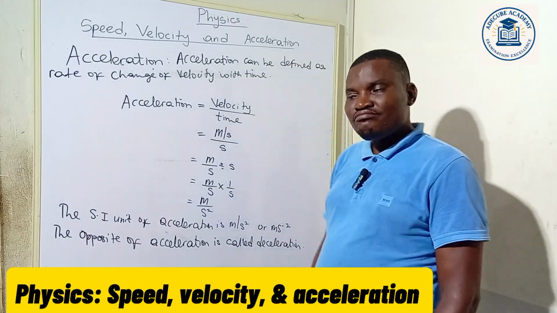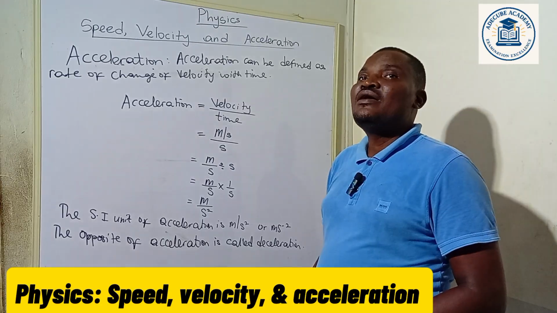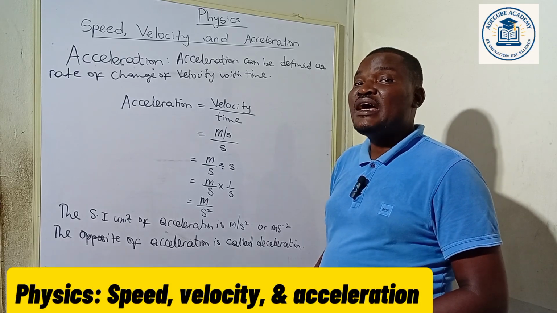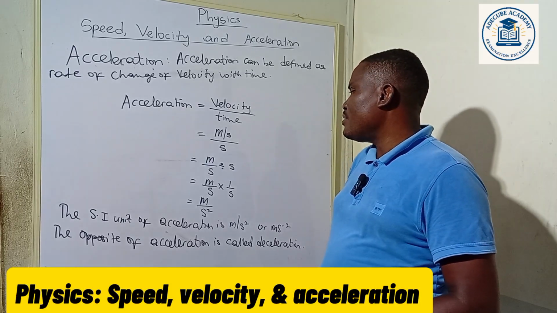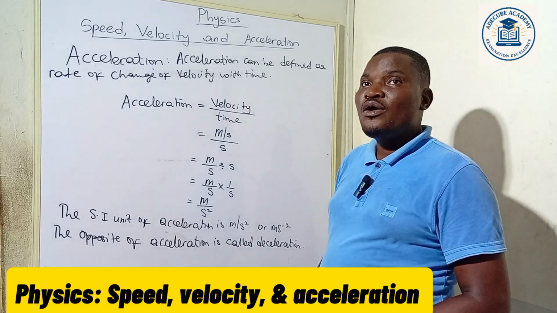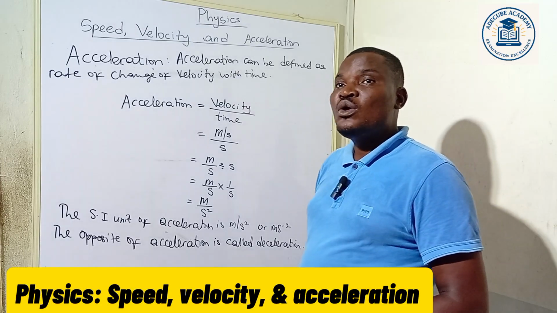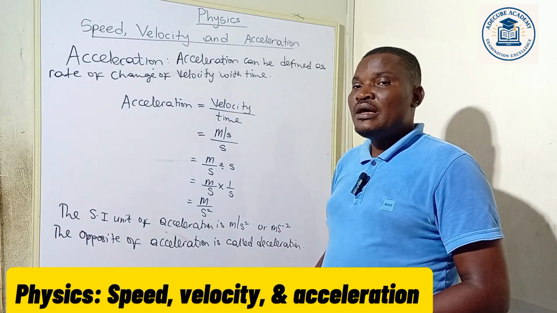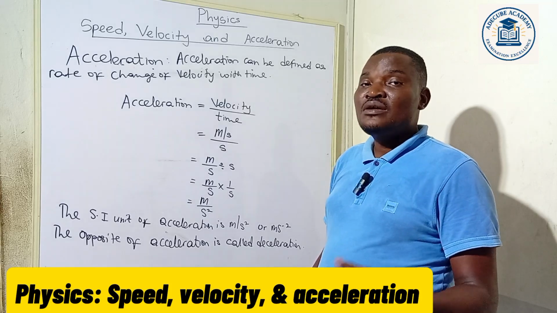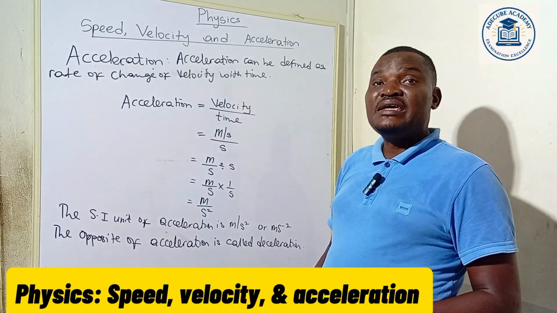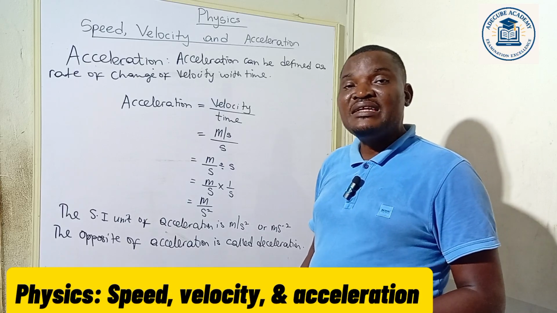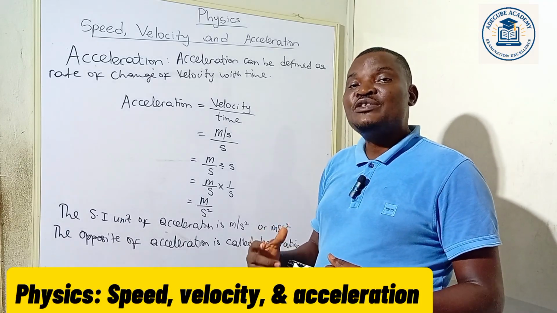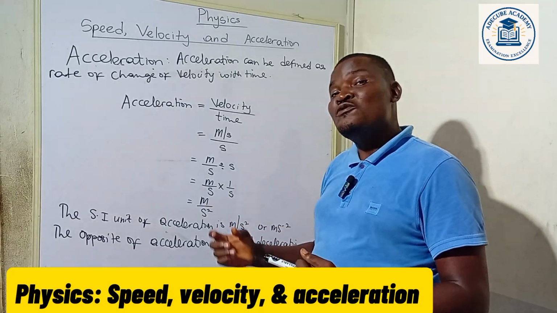Let me give you an instance. I'm driving on an expressway at 80 kilometers per hour. All of a sudden, I see a friend of mine walking along the road, and I'm trying to give that friend a lift. What am I going to do? I'll be applying my brake. As I apply the brake gradually, I'm decreasing my velocity with time.